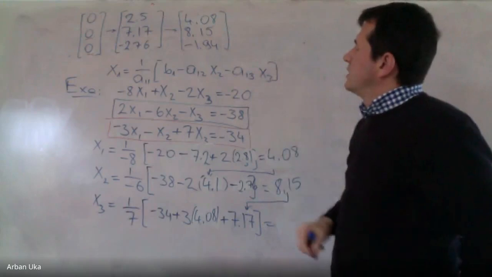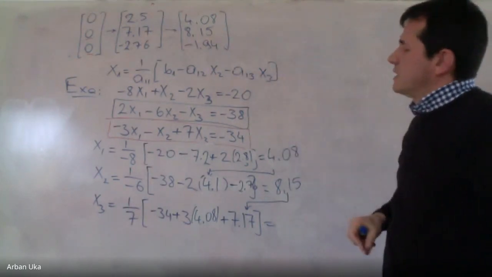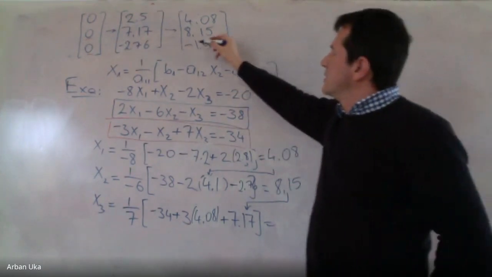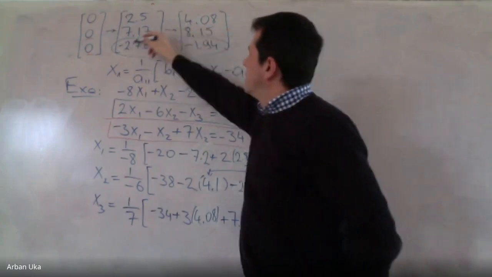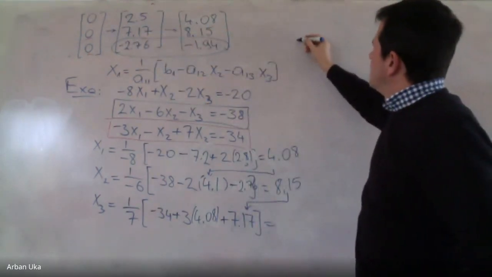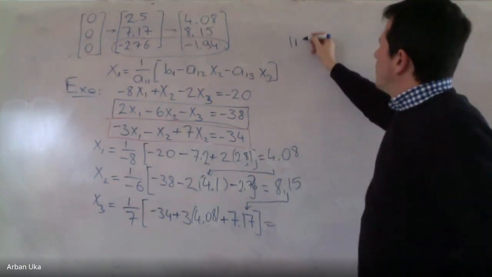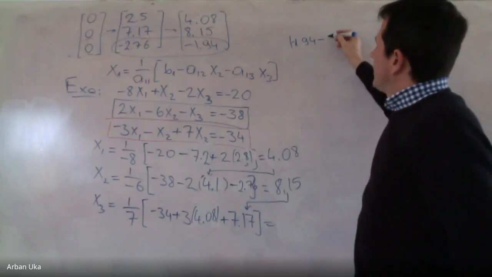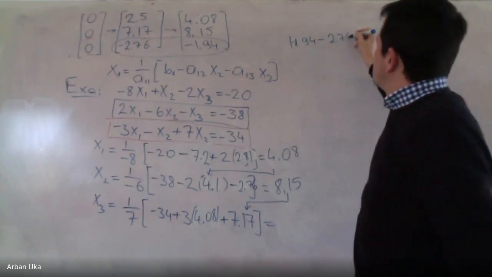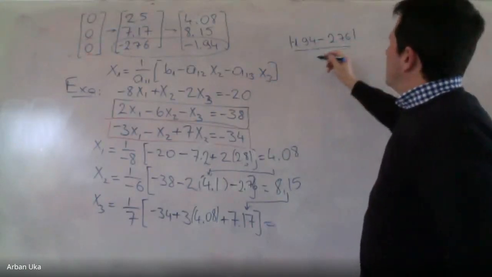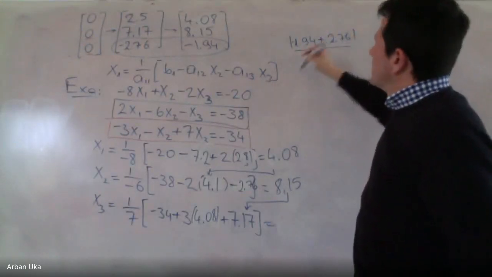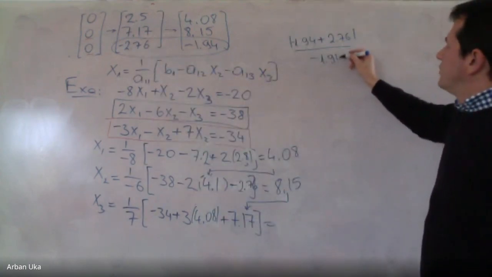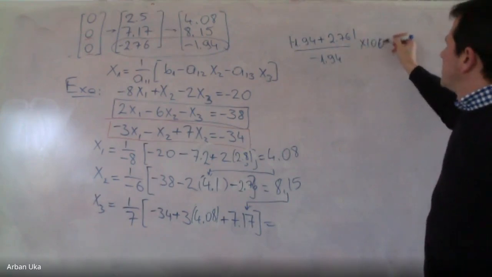And in order to calculate the respective errors, you know how we do this. We are going to calculate for each of them. For example, if we consider this one, the error in this case would be the absolute value of minus 1.94 minus minus 2.76, over minus 1.94, times 100%.